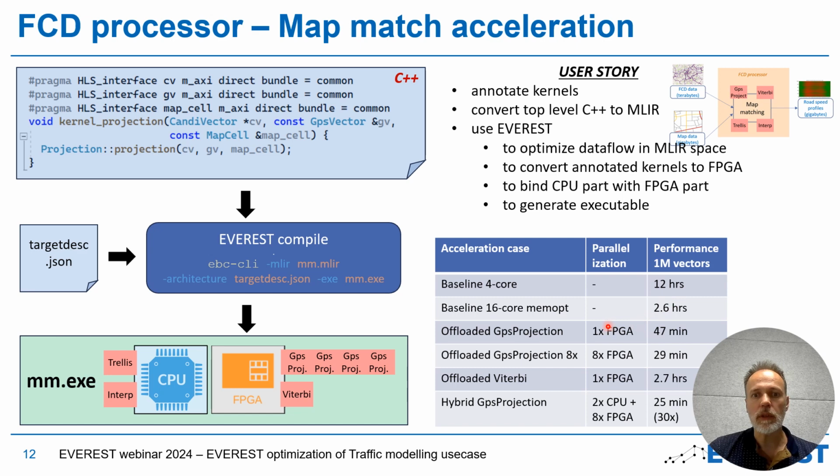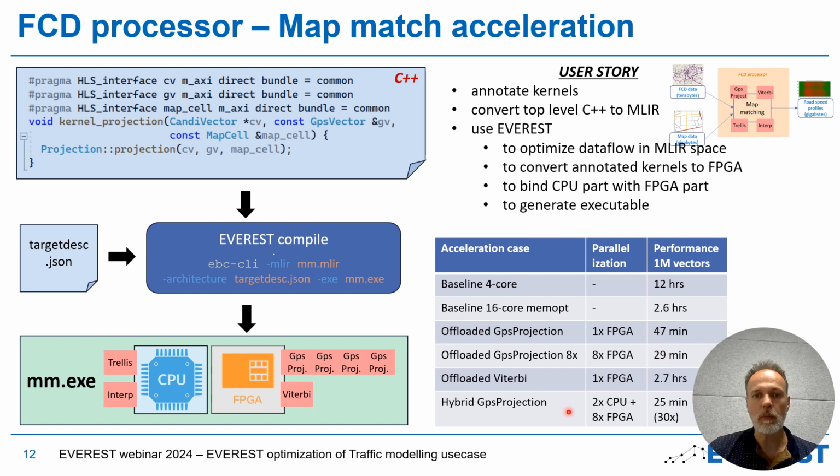As we offloaded the GPS projection into FPGA space, we came already to 47 minutes. And when using the parallelizing option by instantiating 8 instances of the kernel, we got to 29 minutes.